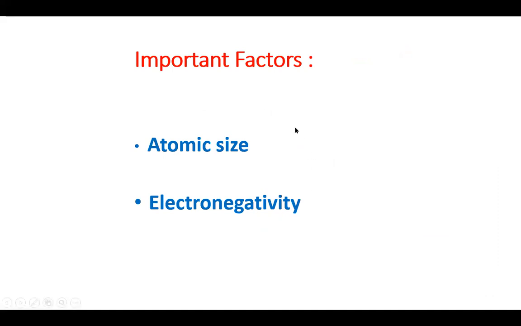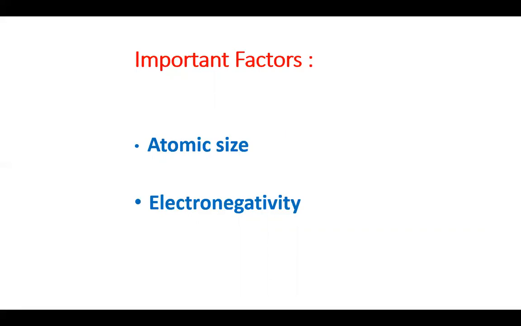We know that from top to bottom across the group, atomic size increases. It means that at the bottom of the periodic table, large-sized elements are present. Large-sized elements have little tendency to attract electrons.